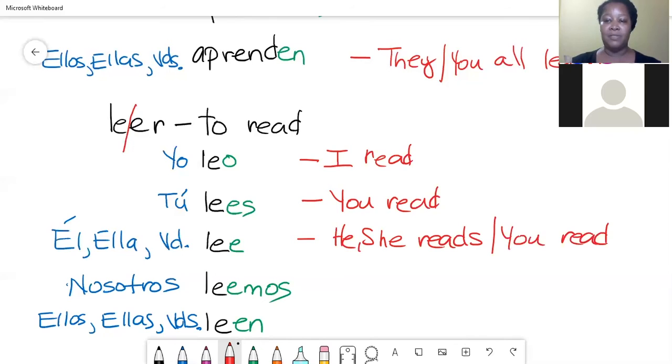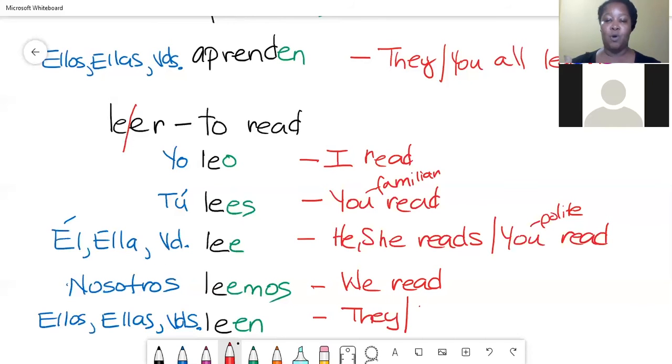And remember, this is your polite, and this you is your familiar. Nosotros leemos, we read. Ellos, ellas, they, ustedes leen, you all read. One more, uno más.